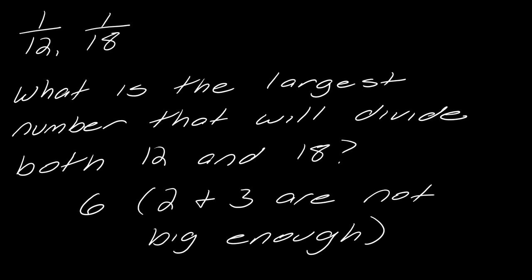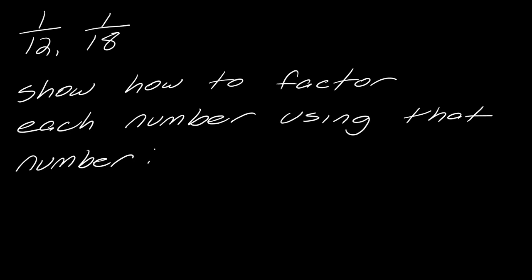Okay, so now I want to do that same process: show how to factor each number using that number. It's a little redundant language. Let me show you what I mean. For 12, like I said, the biggest number that divides into both 12 and 18 is 6. So I want to rewrite 12 as a product of 6 times something, which in this case is 6 times 2.